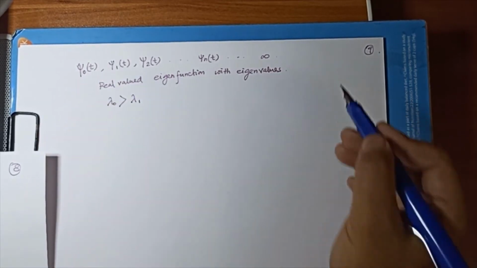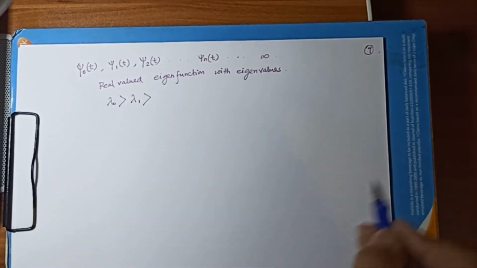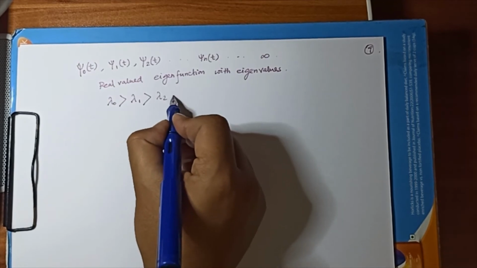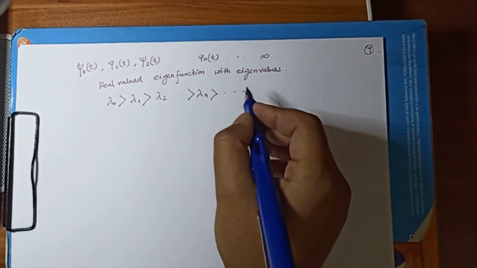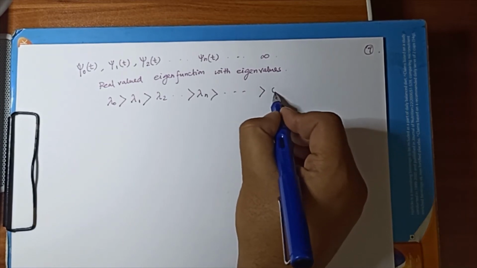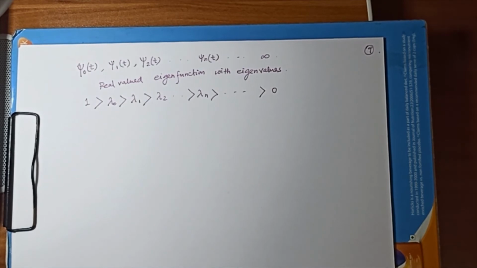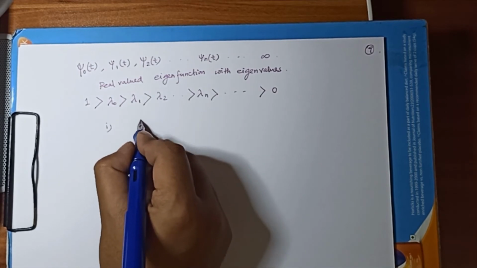Basically, I am choosing these eigenfunctions in such a way that the eigenvalues are decreasing, lambda n, and so on. However, everything is greater than 0 and less than 1. So between 0 and 1 you have infinitely many such eigenvalues, such that the eigenequation is satisfied.